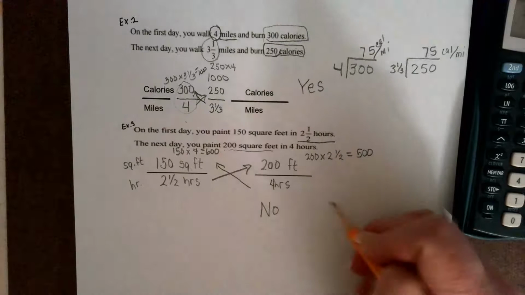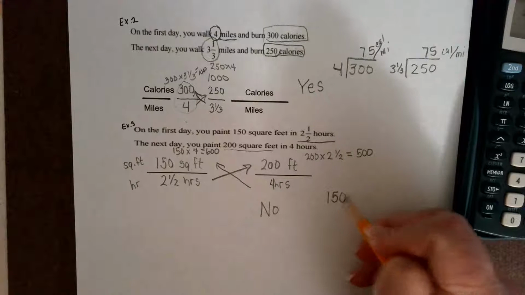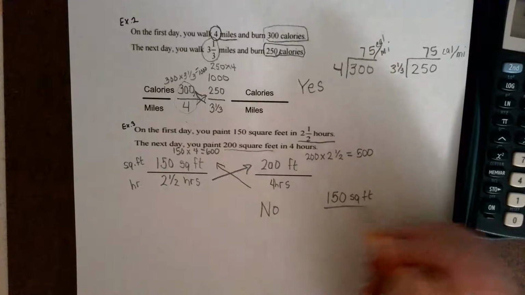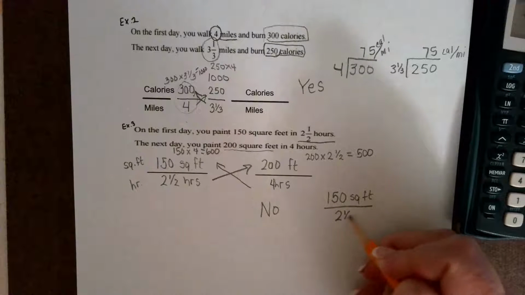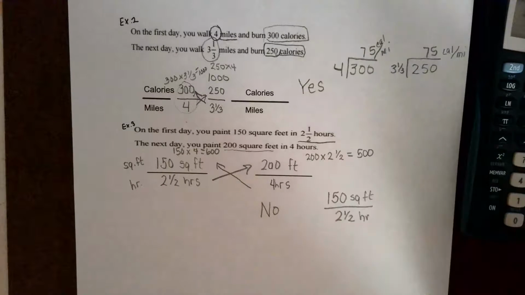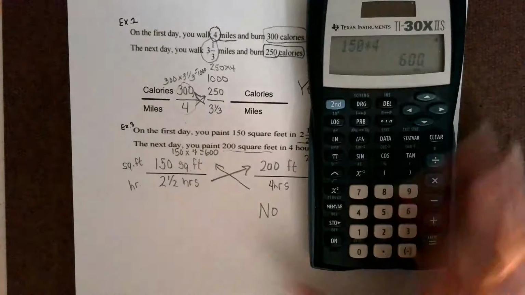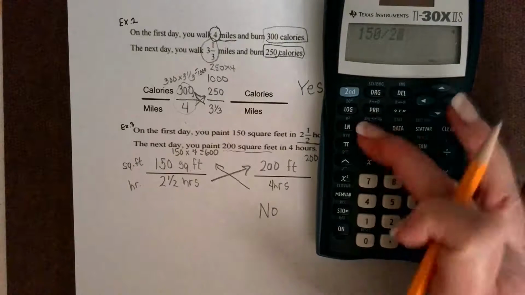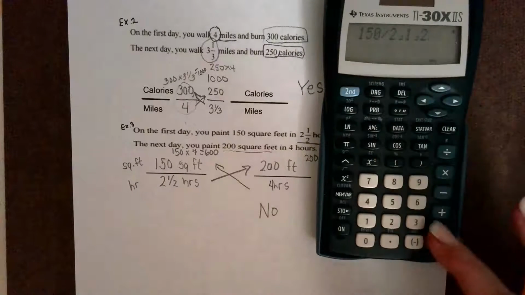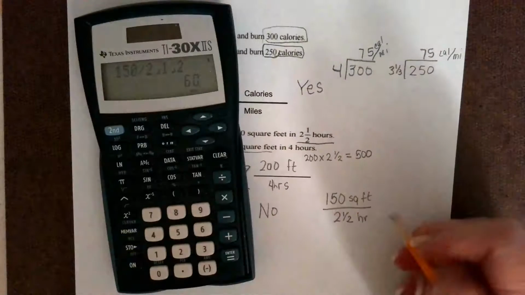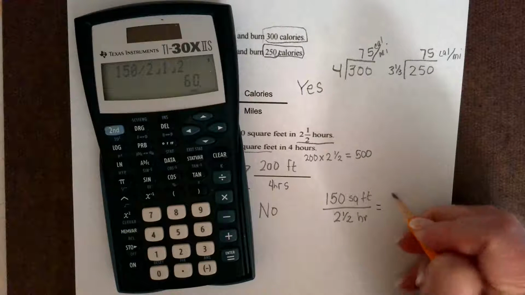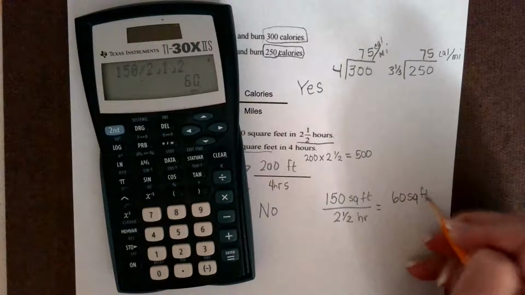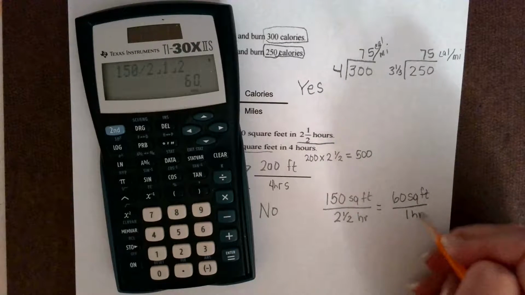And you could also set up a unit rate where you have 150 square feet in 2.5 hours. And if you get the unit rate on that one, it is 150 divided by 2.5. That equals 60 square feet per 1 hour.